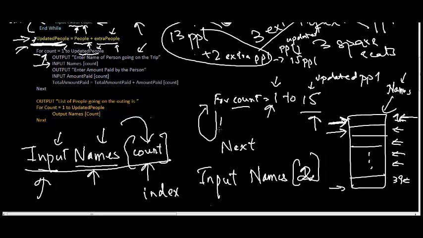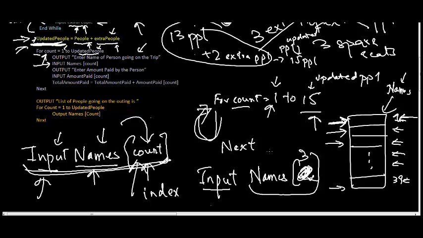Next time the loop runs, the value of count becomes 3. So this time the input that is being received from the user is going to be stored into names 3, which is this box, right? So that's how this loop is going to work. Each time the value of count is going to be incremented, so the box number each time is going to change also.